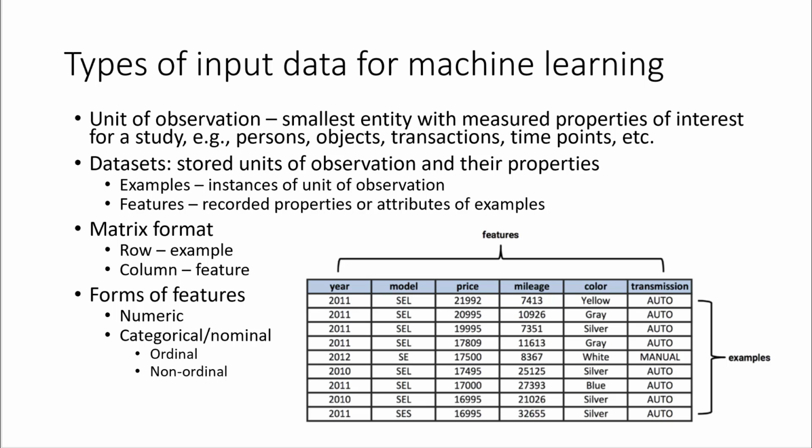First, the phrase unit of observation is used to describe the smallest entity with measured properties of interest for a study. It can be persons, objects, transactions, or time points, etc. And datasets are used to store units of observation and their properties.